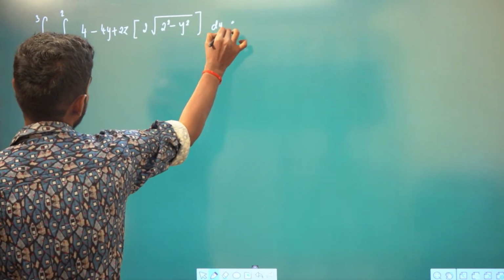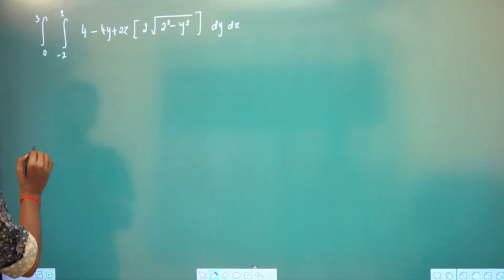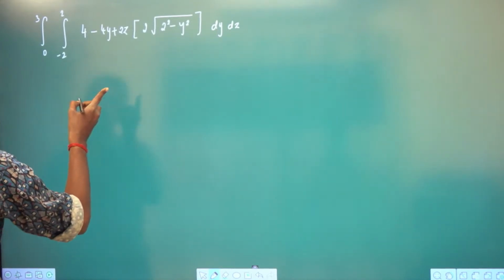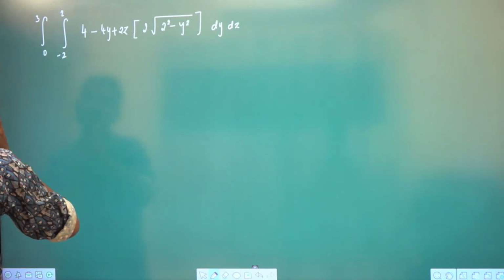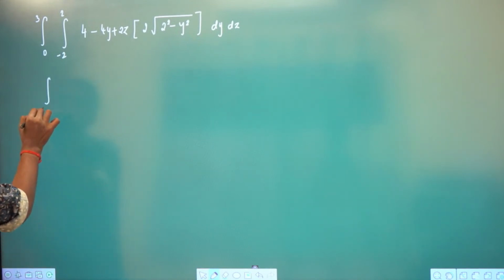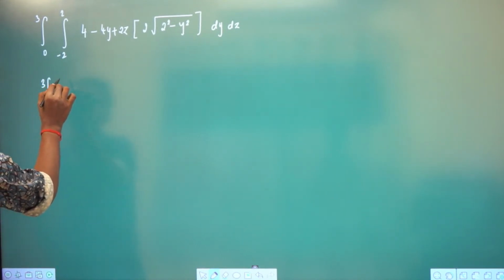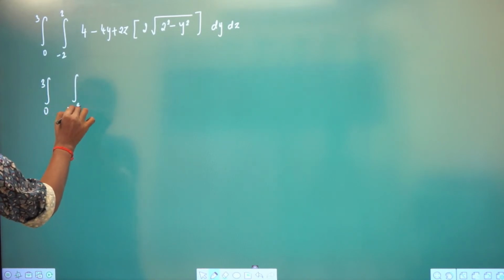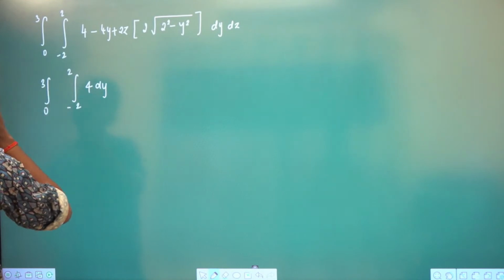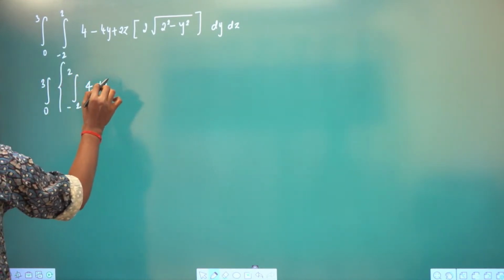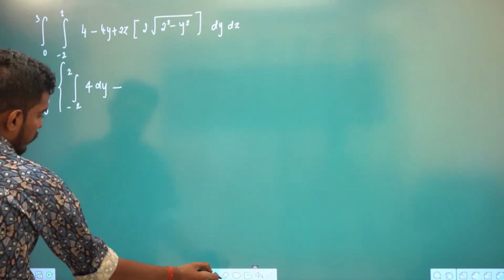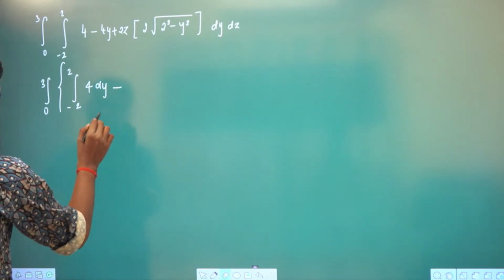Now we have to integrate with respect to y, right? So this will be integration of 0 to 3, integration of minus 2 to 2, 4 plus 2z, right?